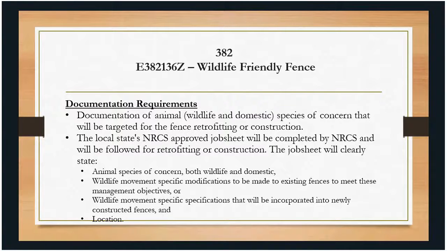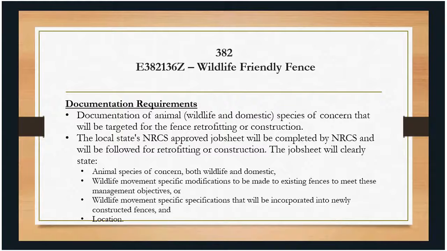The documentation requirements for wildlife-friendly fence are documentation of the animal. So again, it's the wildlife and domestic species of concern that are targeted for the fence, either retrofitting or construction. The local state's NRCS approved job sheet needs to be completed by NRCS and will be followed by retrofitting or construction.